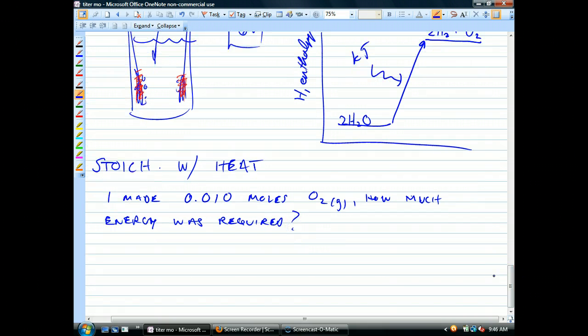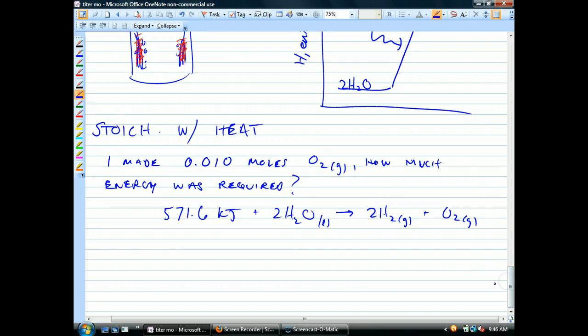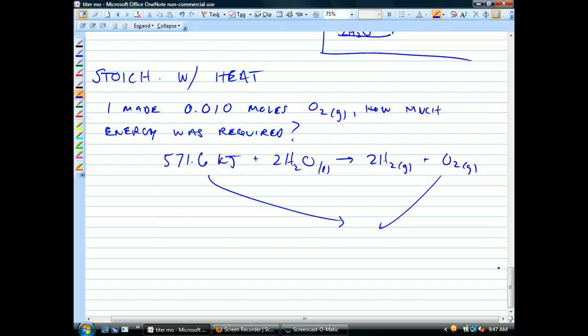Well, I'm going to look at my equation, which said 571.6 kilojoules plus 2 moles of liquid water produces 2 moles H2 gas and 1 mole O2 gas. So here's what I'm going to do. I'm going to use this to make a conversion factor from O2 to kilojoules.